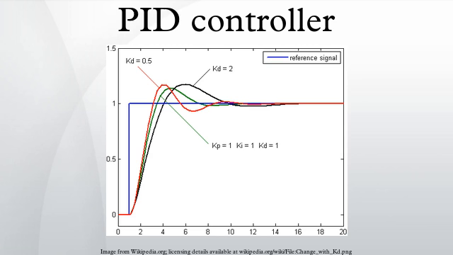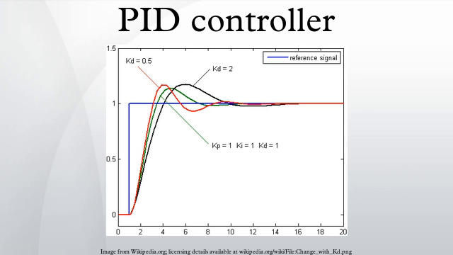Defining u(t) as the controller output, the final form of the PID algorithm is given, where Kp is the proportional gain, a tuning parameter, Ki is the integral gain, a tuning parameter, Kd is the derivative gain, a tuning parameter, e is the error, t is the time or instantaneous time, and tau is the variable of integration, which takes on values from time 0 to the present.